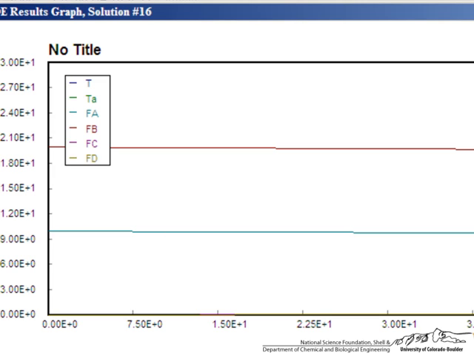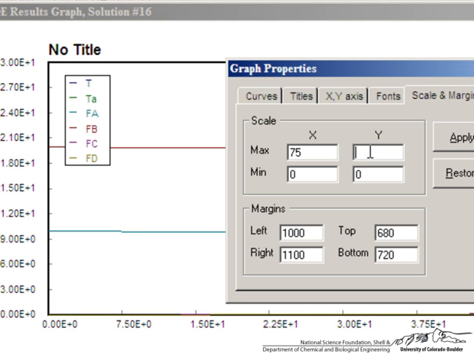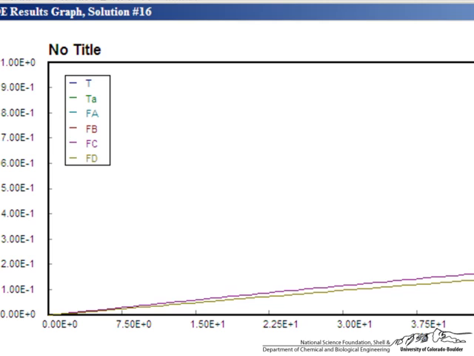We could continue to operate the reactor out to higher catalyst masses, so build a bigger reactor, and we would see a larger conversion. I'm going to zoom in on something else here. Okay, and what we can see here is it's still not ideal, and we're still producing too much CO2.